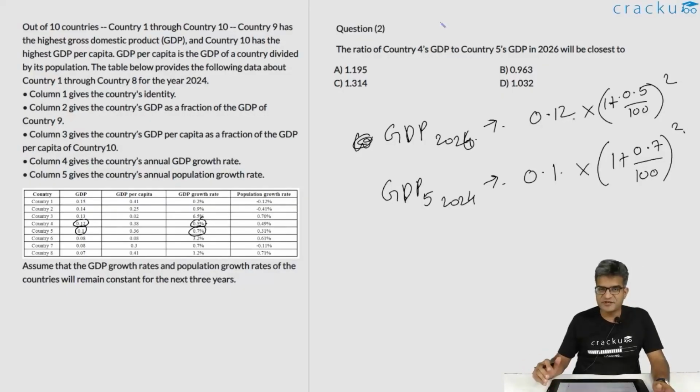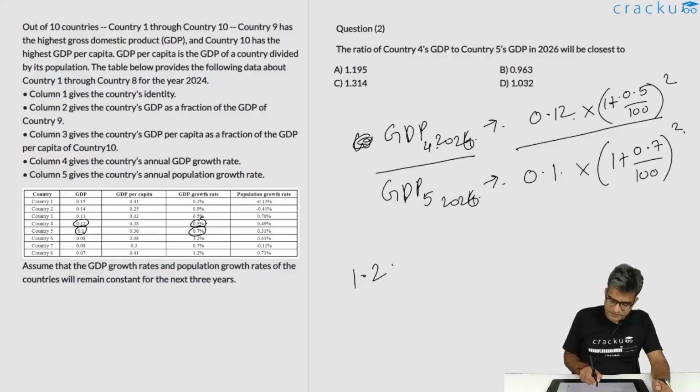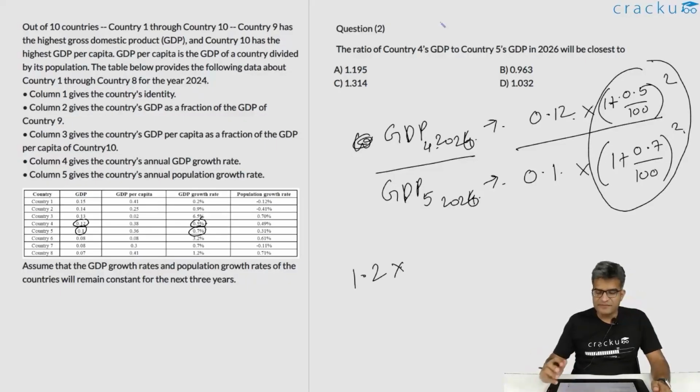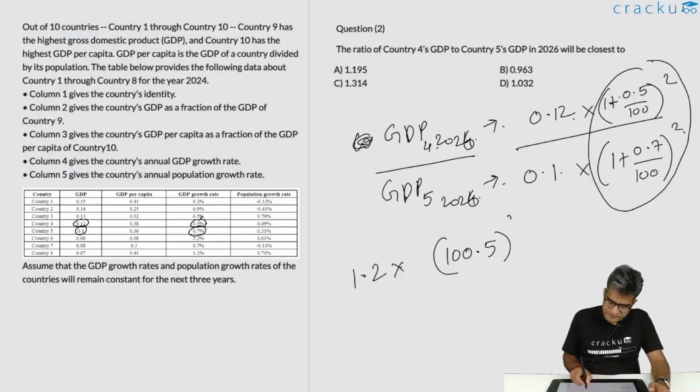If you're taking the ratio of GDP of country 4 in 2026 to that of country 5 in 2026, you have to just take this ratio. 1.2 divided by 1 is basically 1.2 into this fraction. 1 plus 0.5 divided by 100, whole square, is basically 100.5 whole square divided by 100.7 whole square, because the 100 square gets cancelled.